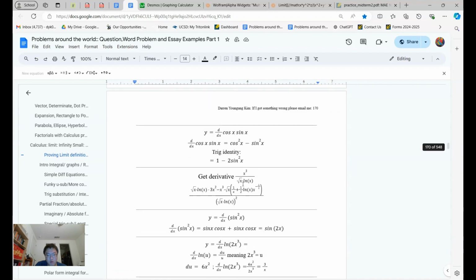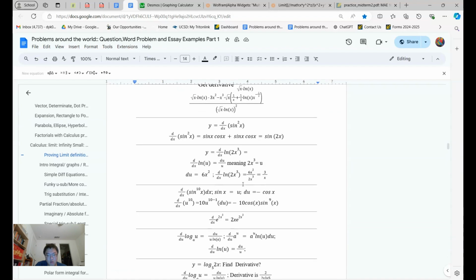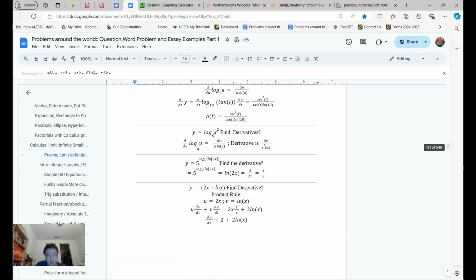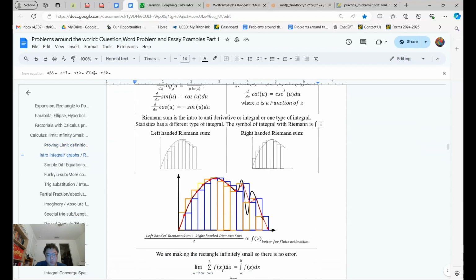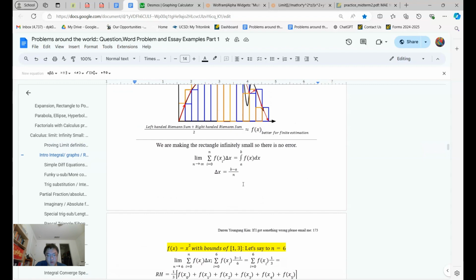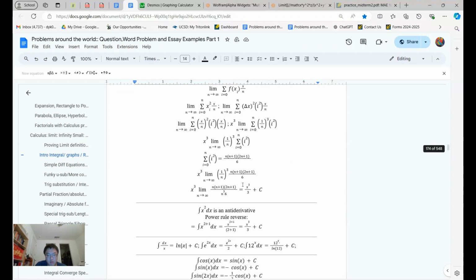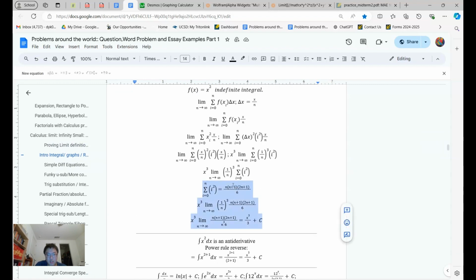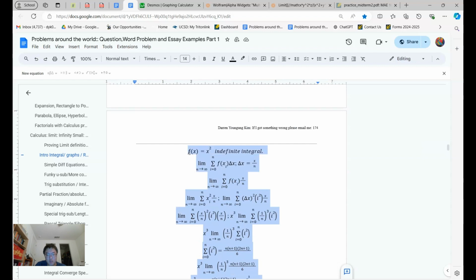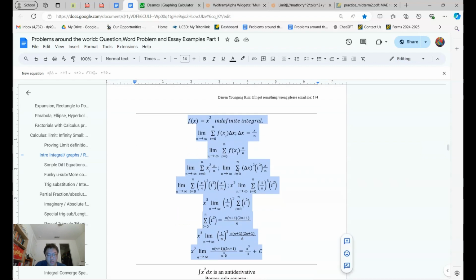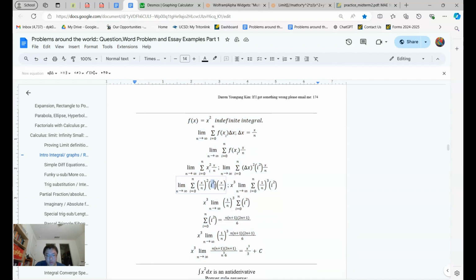More interesting is, where is it? Oh, Riemann sum. I always love Riemann sum, but the most interesting part of that is when I actually got to prove this shenanigans. I always wondered, could you use different integrals and prove it? Yes, you can. You just need to know what this turns into, which is something like that.